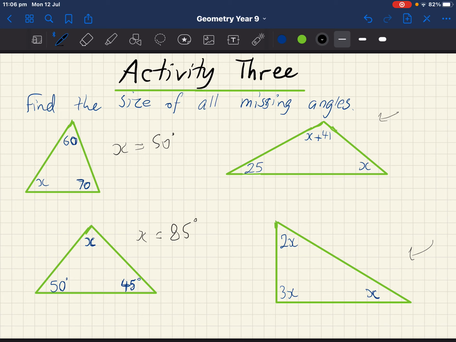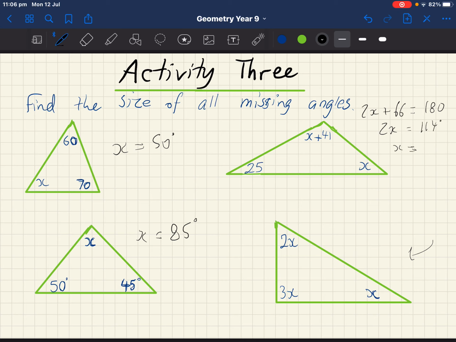This one here, again, the question asks us to find the size of all the missing angles, so we're going to need to give both. So in this particular case, you should have ended up with, as an equation, 2 lots of x plus 66 is equal to 180, giving you 2x is equal to 114 degrees.